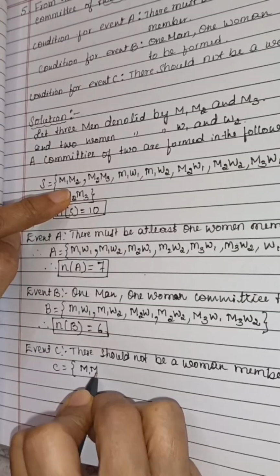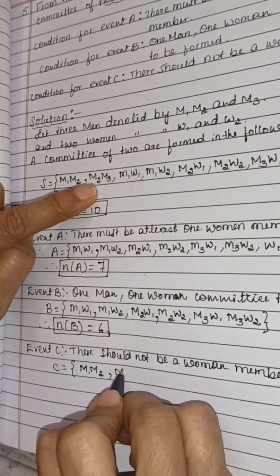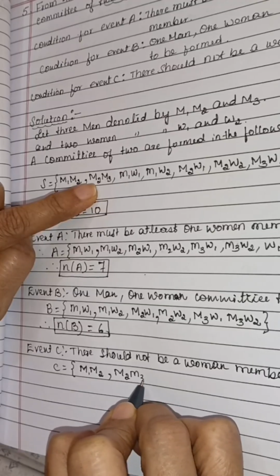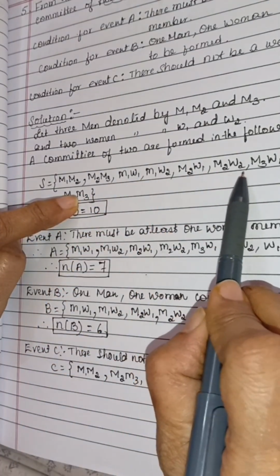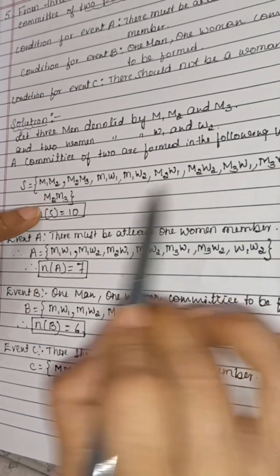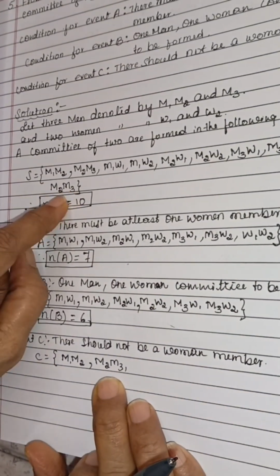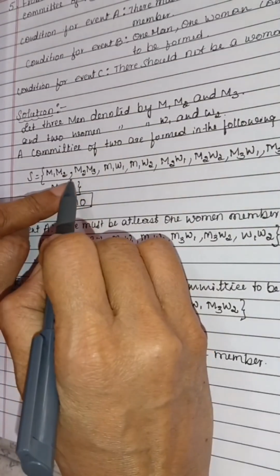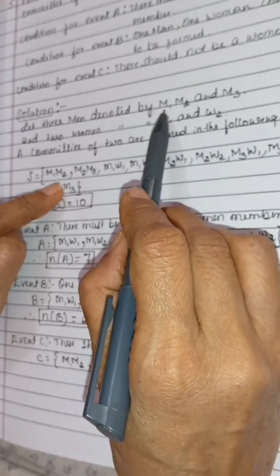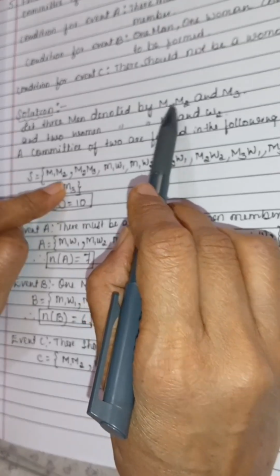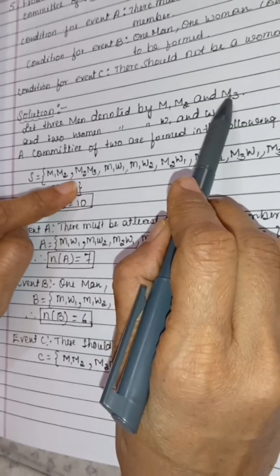M1, M2, comma, M2, M3. Some made a mistake here. See, this is the sample space: M1, M2, M3, W1. So M1, M2. Then M1, M3.